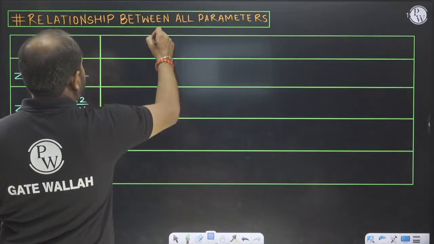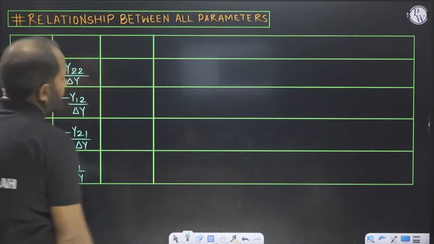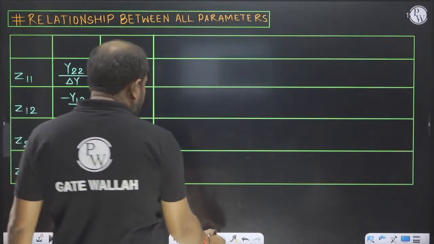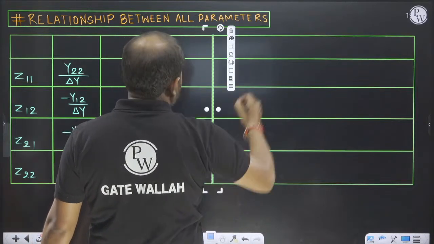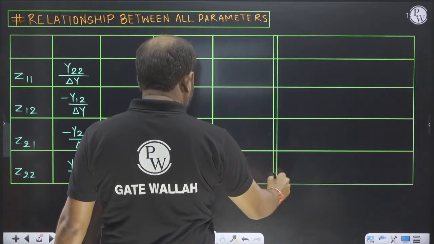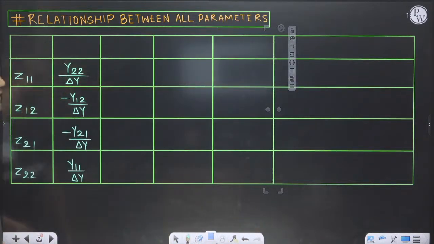Then after that, in terms of ABCD parameter, in terms of H parameter, and in terms of G parameter, you have to calculate.